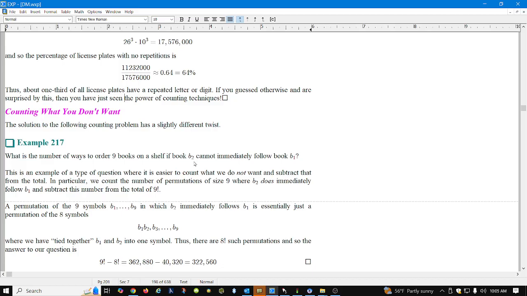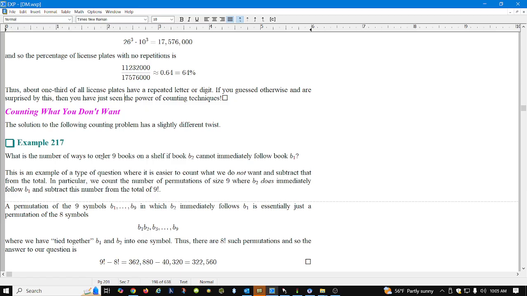They must be separated by at least one book, or B2 could come before B1. But B2 cannot immediately follow B1. So B2 could come before B1 or much later than B1.